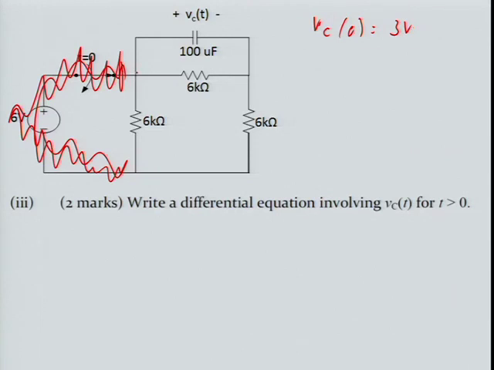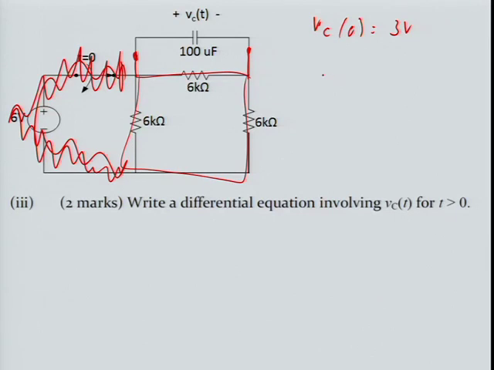Can we see that at these terminals here? There's this in parallel with that. 6 in parallel with 12. So the circuit, I'm going to replace it, this is like doing this Thevenin equivalent trick, but there's no voltage source there.